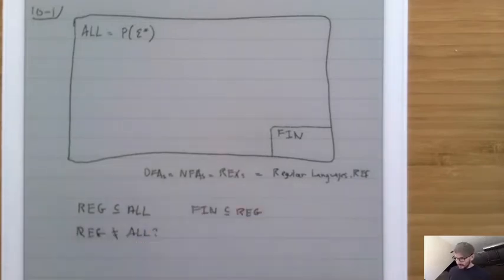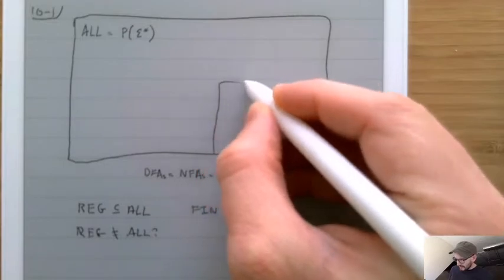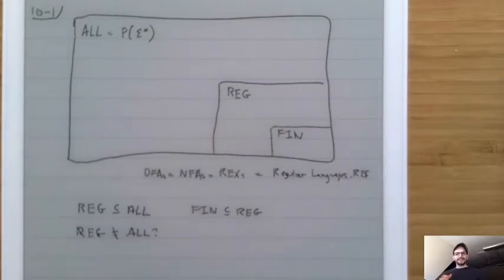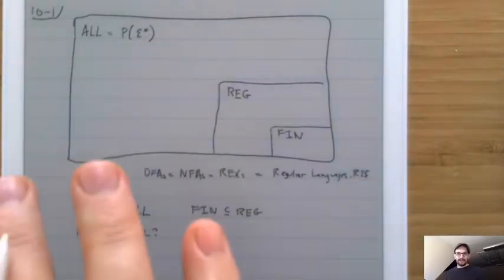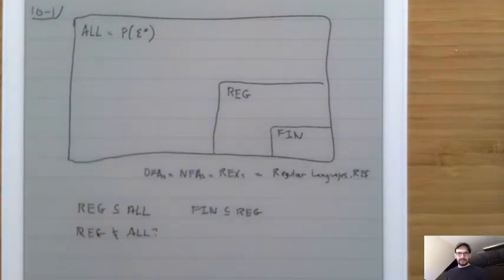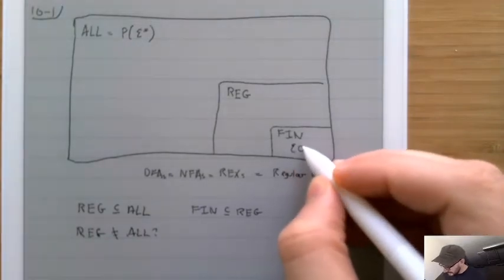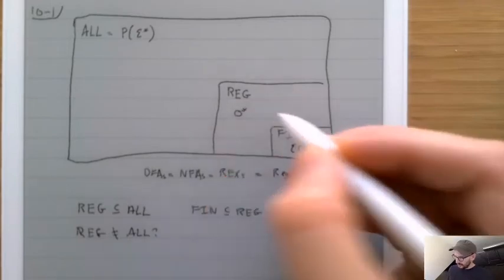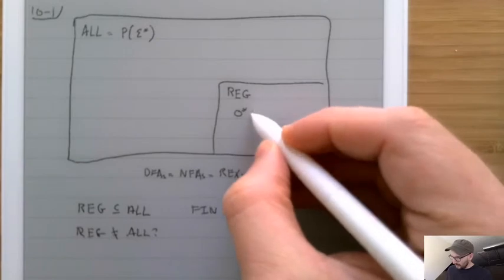So they're not equal. So what is actually the case is that reg is inside of here. I'm going to tell you that, and we've got to actually prove it. To prove it, what that means is that outside of here, there's some language that is definitely a real language. It's definitely a real subset of the set of possible strings, but it's not a regular language. In other words, fin includes things like 0, and reg includes things like 0 star, actually let's just say 0, 1, and 1 star.